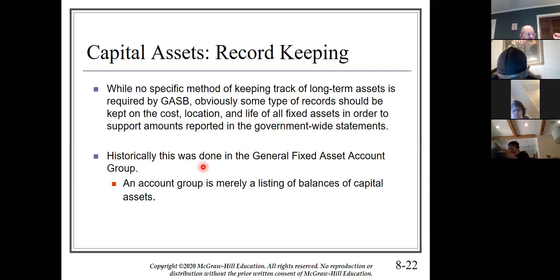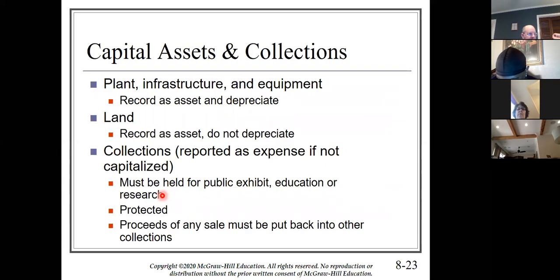And it used to be that this was done with something called the General Fixed Asset Account Group, but it was just a list of balances of capital assets. So what are the capital assets? Plant, infrastructure, and equipment.